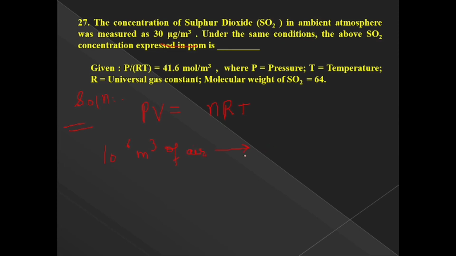That is equal to 30 micrograms divided by 64, moles of SO2, moles of sulfur dioxide.